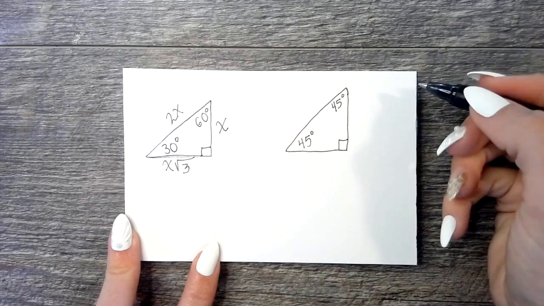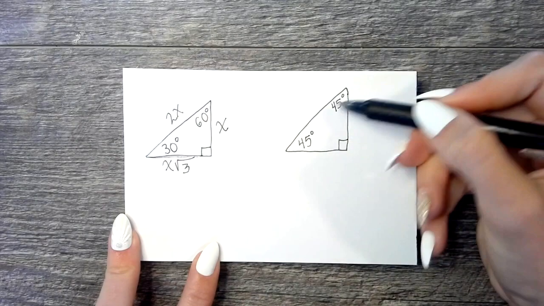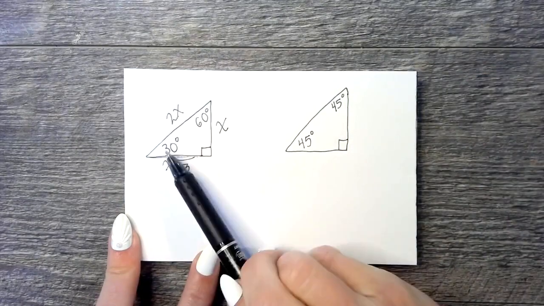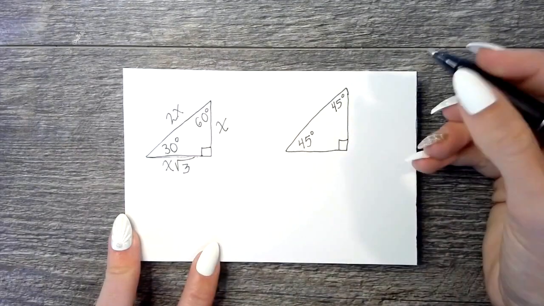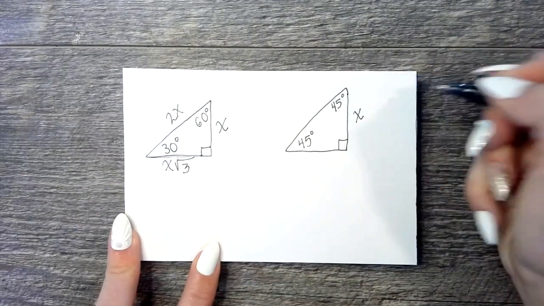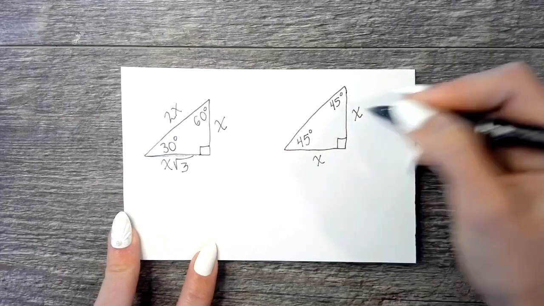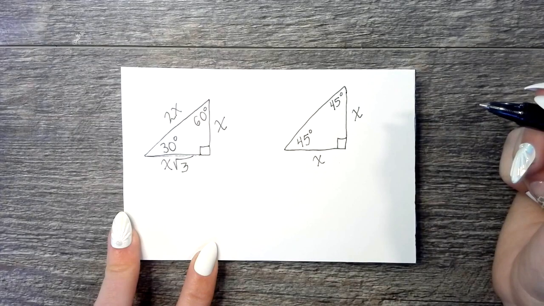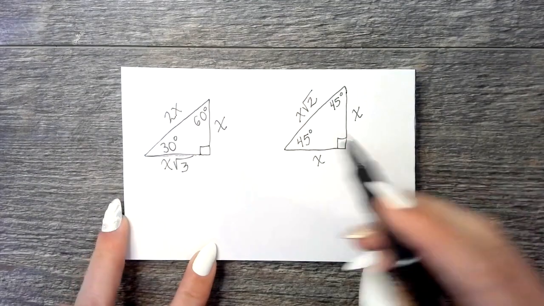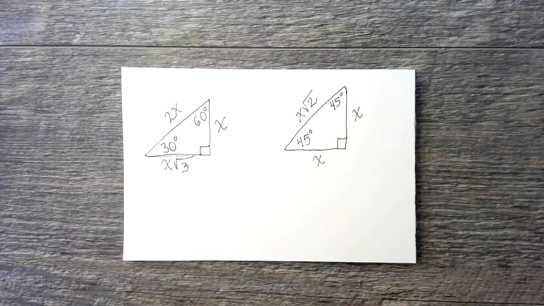You should know, and if you didn't know, you should have looked it up and refamiliarized yourself with it. We will use x again, but it doesn't mean it's the same x as the triangle on the left, okay? X is going to be the length of a leg, which is really telling us it's the length of both legs because, like we said, this is an isosceles triangle. And then the hypotenuse is x square root 2.